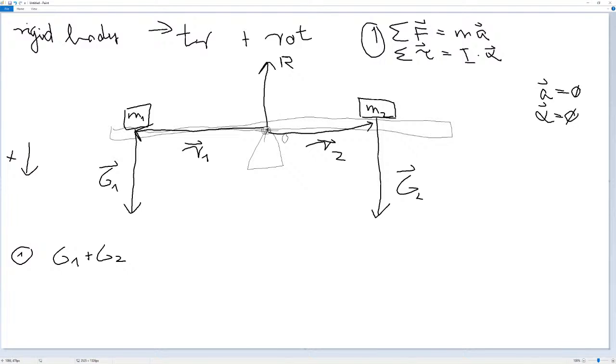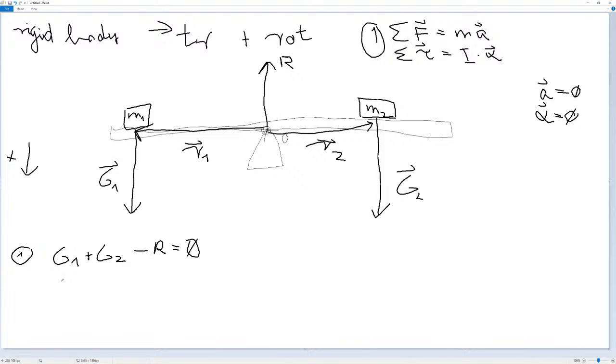Since this is the only point the reaction force can start, it can't start here because there is nothing under this piece of wood. The reaction force starts here. Since it goes upwards, this is a minus sign. Since a is 0, m times a is also 0. It has to be 0.